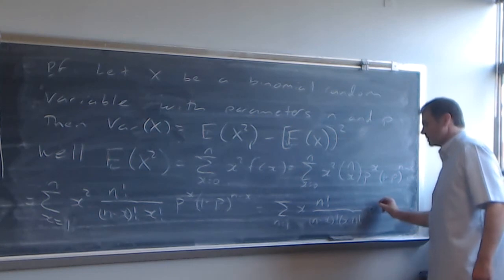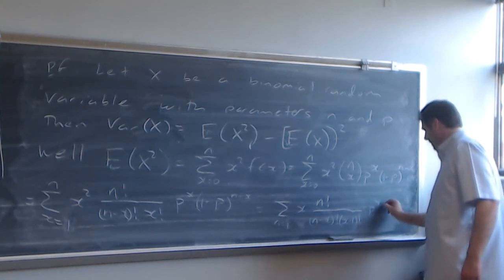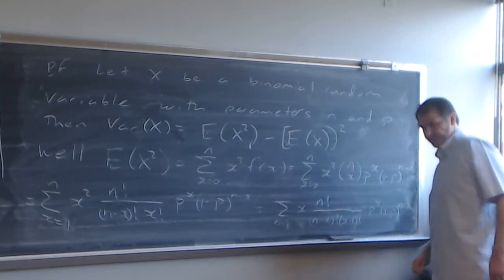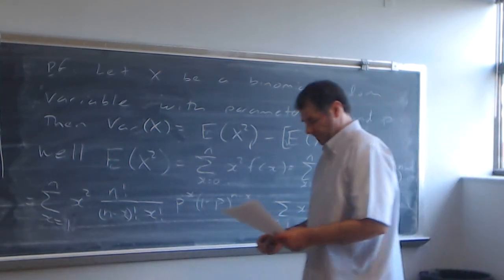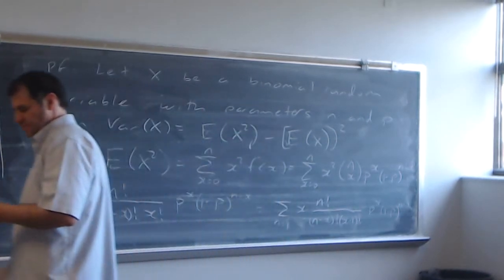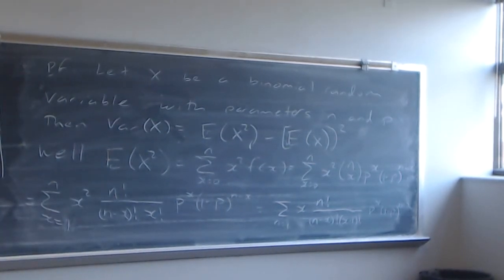This would be p to the x, 1 minus p to the n minus x. Remember, we're trying to find the expected value of x squared.